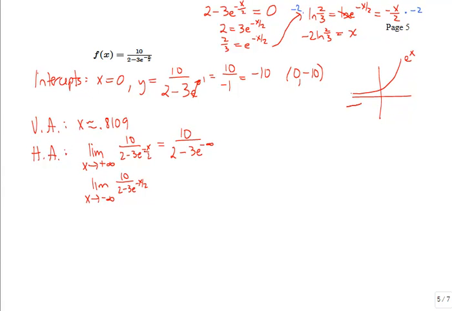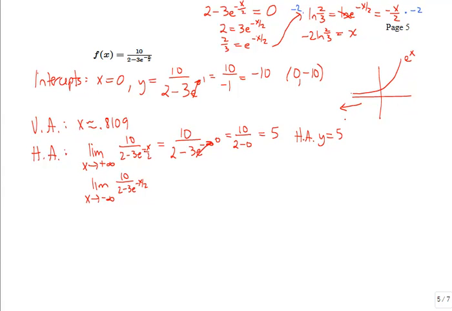Well, minus infinity would be this way. So what is this graph doing as they go towards minus infinity? E to the minus infinity is getting smaller and smaller and smaller and going to 0. So this goes to 0, which means we get 10 over 2 minus 0, which means we get 5. So we have a horizontal asymptote at y equals 5.